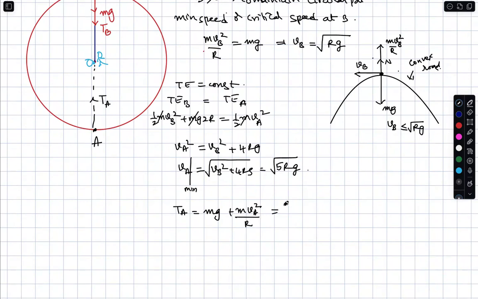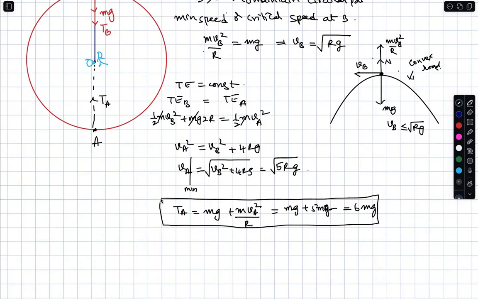So what is this? mg plus 5 mg, which becomes 6 mg. So with the critical speeds, the tension at A is 6 mg. The speed at A is root 5RG.